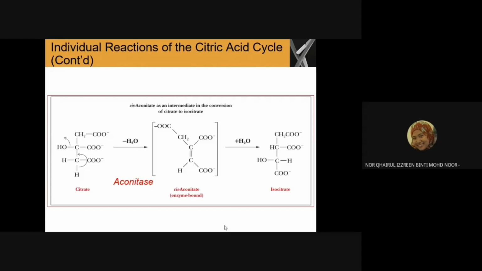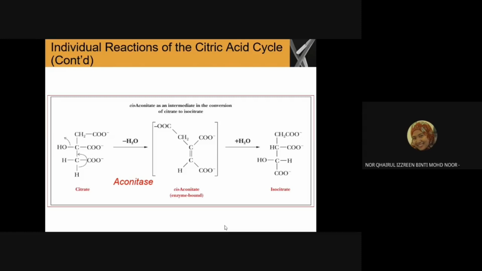So in these reactions, the citrate molecule will lose one water molecule, producing cis-aconitate, which is an enzyme-bound substrate. So when we remove the water molecule at carbon number 2 and carbon number 3, after we produce cis-aconitate, there is another hydration reaction where we add a water molecule.